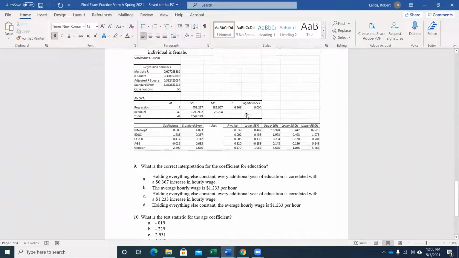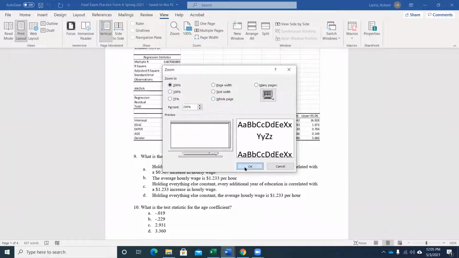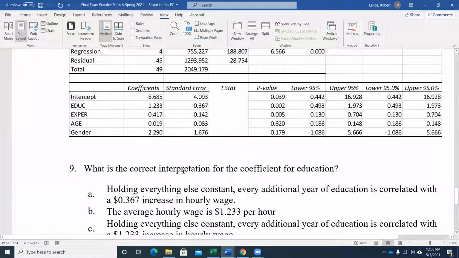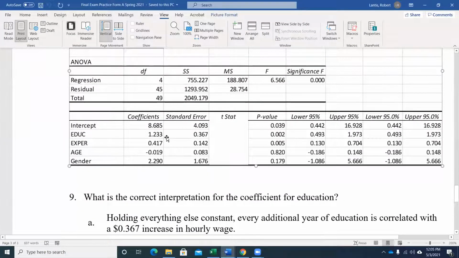When you see this Excel output, what I don't mean by interpret is, if I said interpret the coefficient for education, don't simply tell me 1.233, right? That is the value of the coefficient, but we can interpret this.